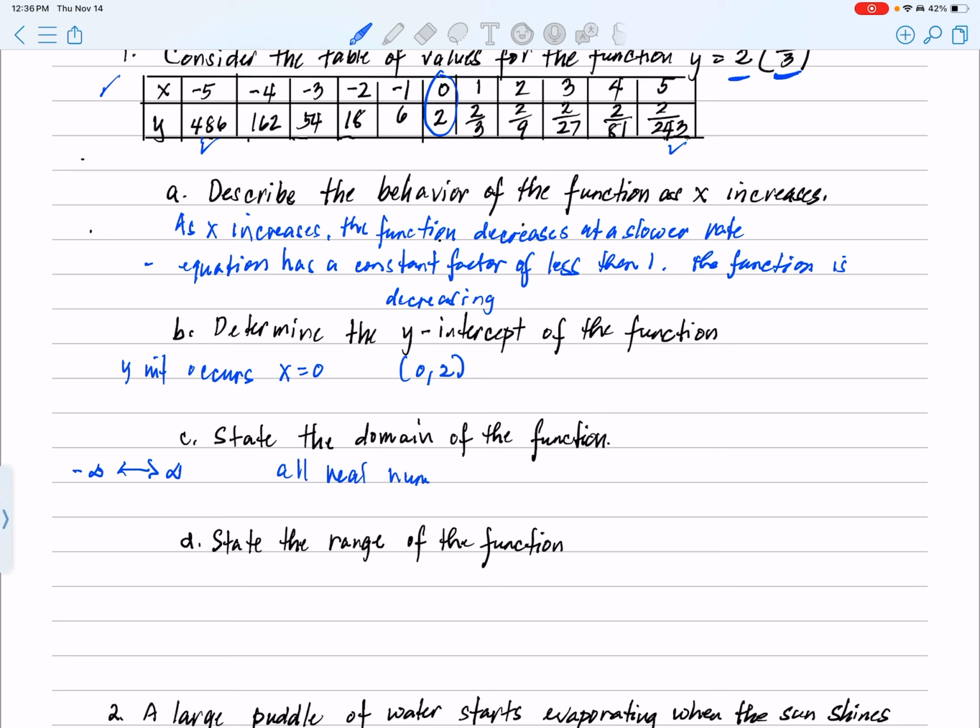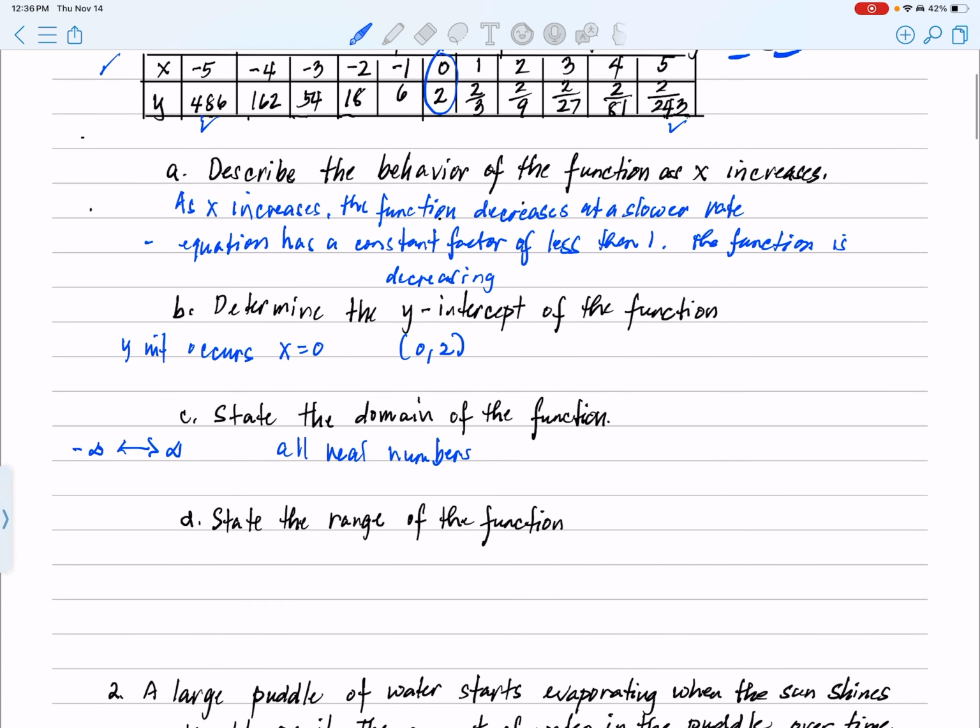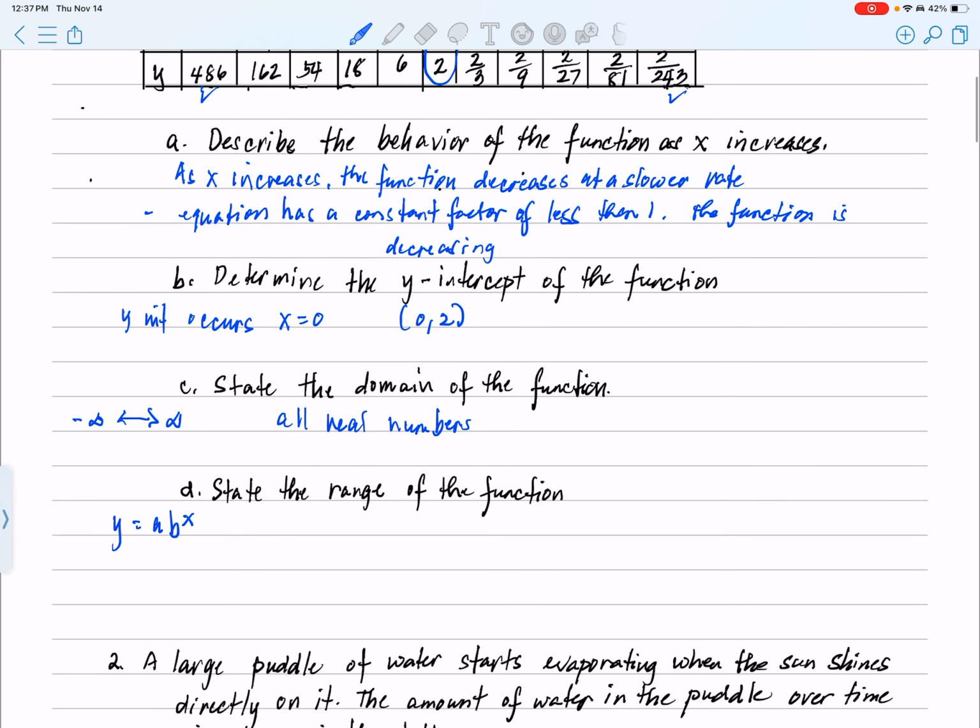That's for the domain. For the range, all exponential equations, y equals a times b to the power of x, have a domain of all real numbers. Okay, this is the range. Sorry for that, I was still thinking of the range. So the range is the complete set of possible values of y.